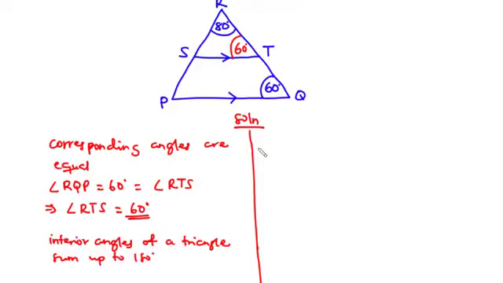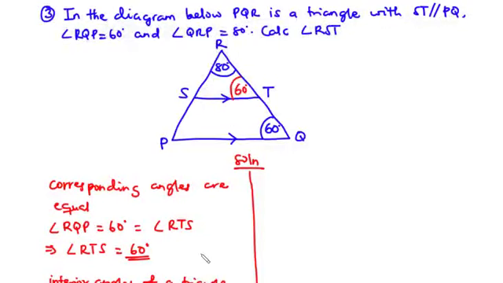And it is very important to put down all these properties as you solve the problem. So the angles SRT plus RTS plus RST is equal to 180 degrees.